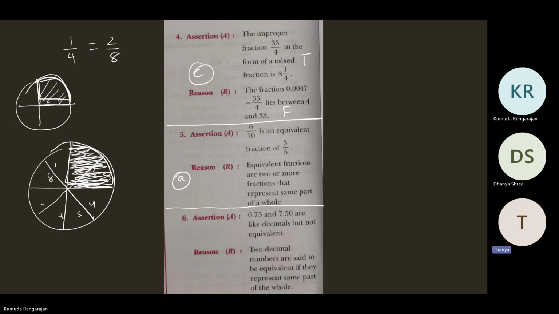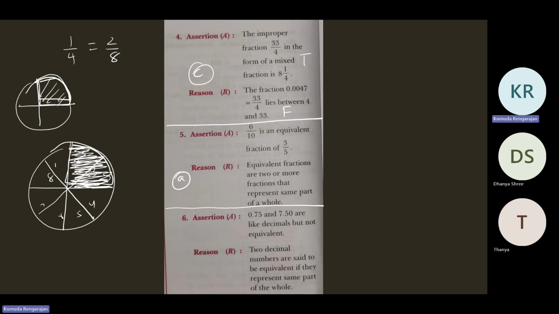Those are having the same number of digits after the decimal point. Correct. If two or more numbers have the same number of digits after the decimal point, that is, if the number of decimal places is the same, then they are like decimals.